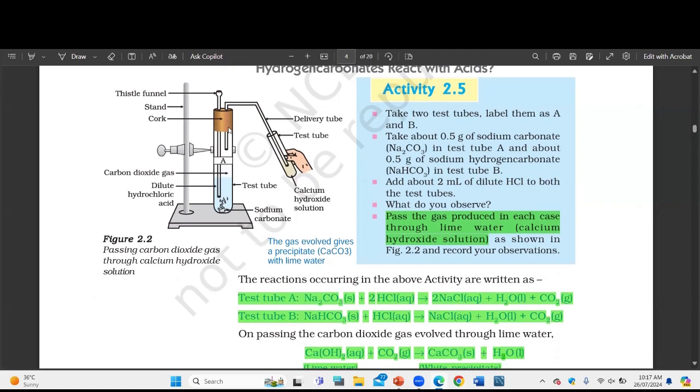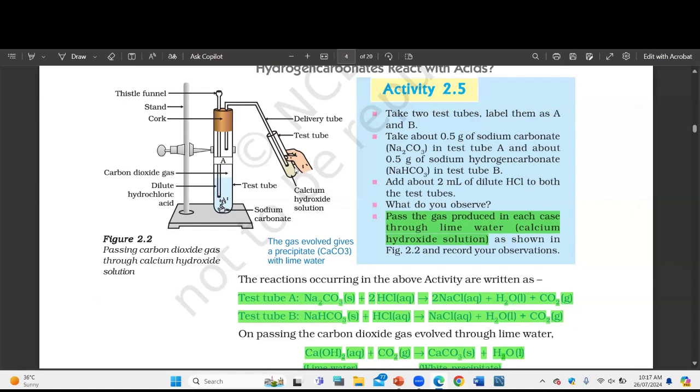So what do you observe? From this delivery tube, as we pass the gas into a test tube containing calcium hydroxide solution, we can see that the gas evolved from the reaction gives a precipitate in the calcium hydroxide solution.